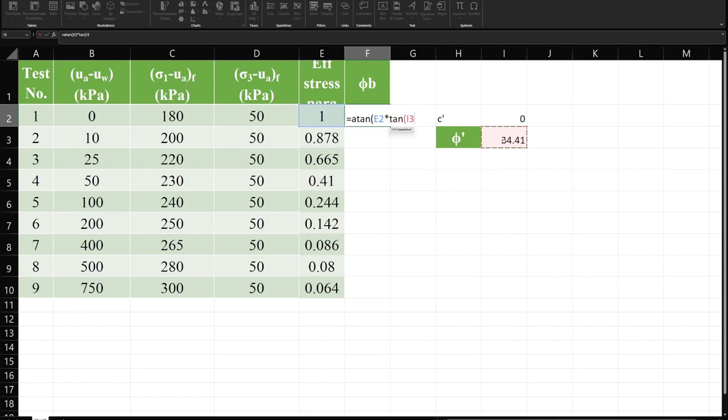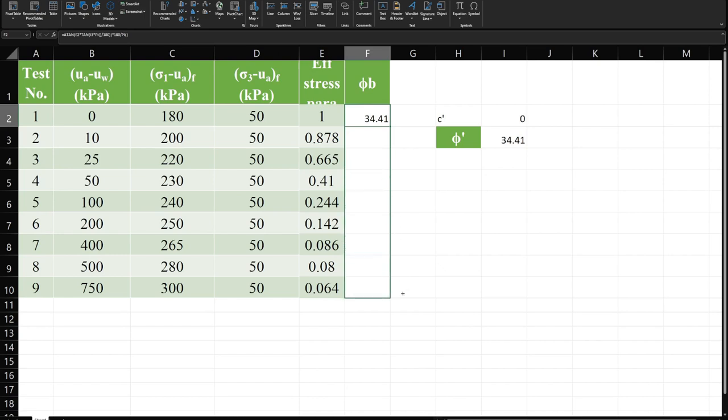We will put phi dash in radians, so we'll multiply it by pi and divide it by 180. Now we can close this one, and this whole value we want in degrees, so we'll multiply by 180 divided by pi. Let's see. Here it comes as 34.41 degrees itself.